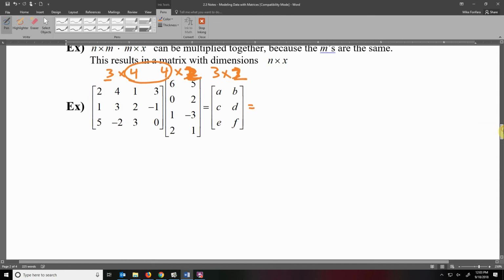Okay, so here's how we do this. We are going to multiply this first row by this first column, one element at a time, and we're going to start with the first elements, 2 times 6. Then we're going to move over and down, 4 times 0. And then over and down again, 1 times 1.